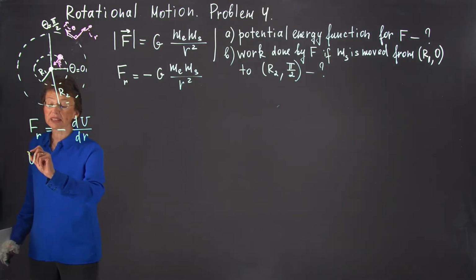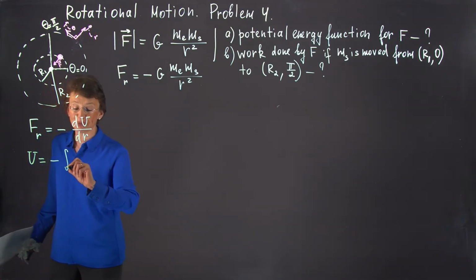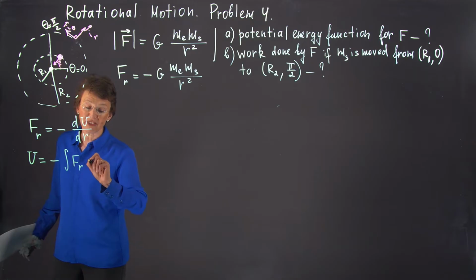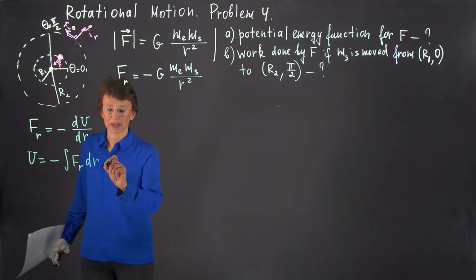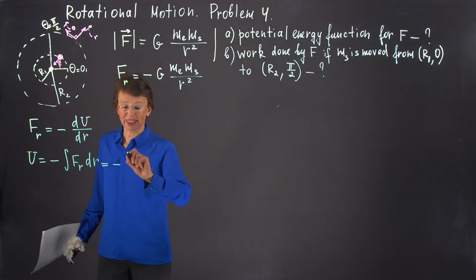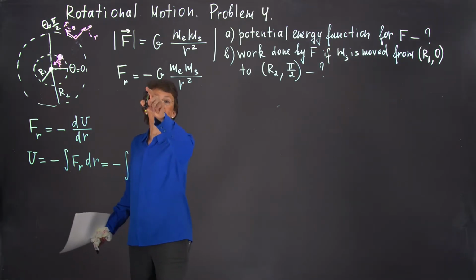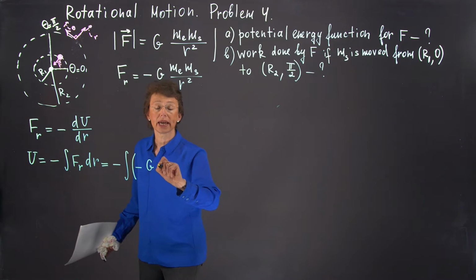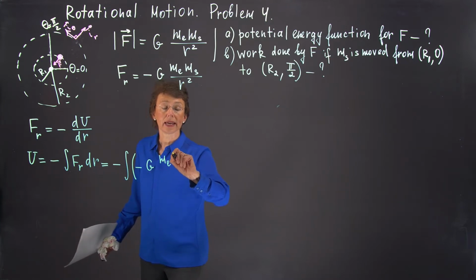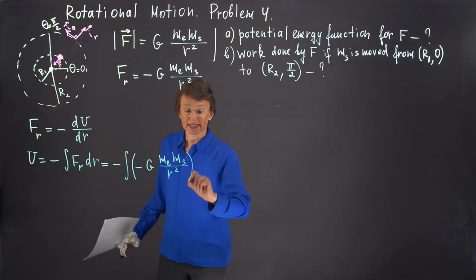We will have the potential energy function U. And I bring this minus to another side of this equation, integral F r dr. Step by step, I keep this minus, and then it is integral. And what is F sub r? F sub r is also negative, so it is minus G, and then ME, MS, divided by distance between them squared, dr.